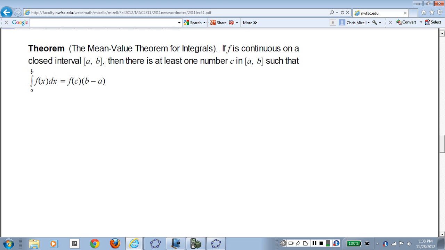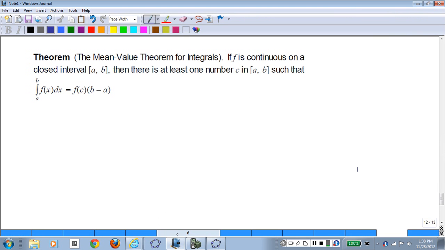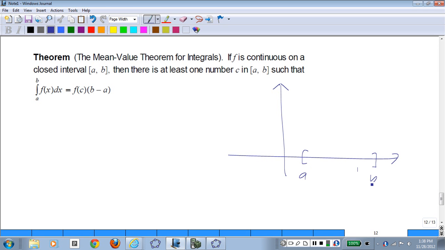If f is continuous on a closed interval AB, then there is at least one number c in the closed interval such that the value of the integral is equal to, oh, we still need a picture for this, a to b. There's our interval.